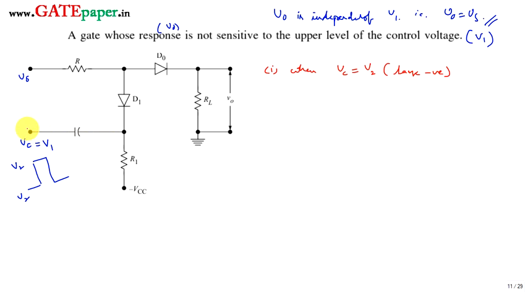A large negative value you are applying, such that it is going to dominate along with this VCC voltage across this one. This is plus VCC. A large negative voltage along with this plus VCC, you are going to get the value over here as negative.